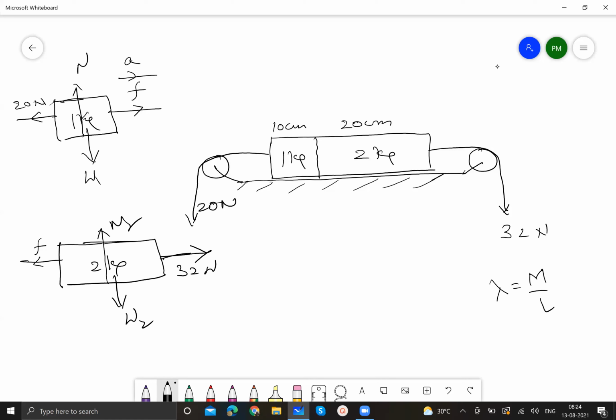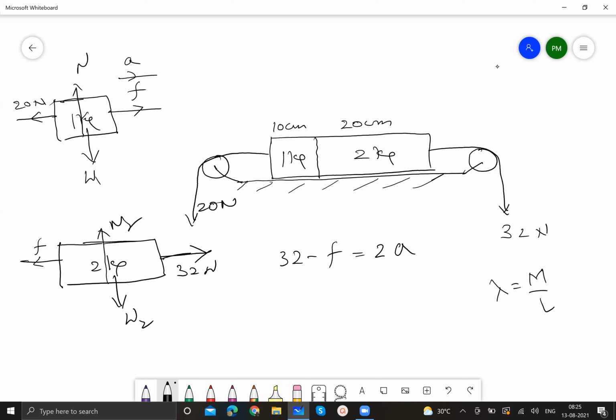So from these two diagrams, if A is the acceleration, then first of all, for this, 32 minus F is the resultant force on the 2 kg portion, so it is equal to m into a. Because they are connected bodies, they will have common acceleration.